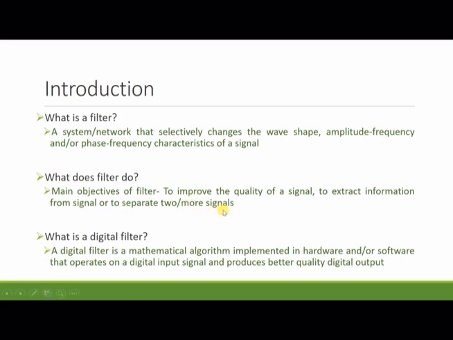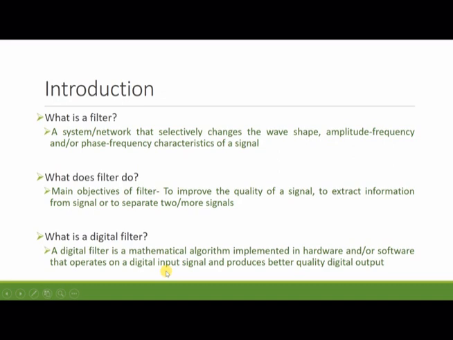The main objectives of a filter are to improve the quality of a signal, to extract information from a signal, or to separate two signals, wherein one part of the signal can be noise or there can be altogether two types of signals to be separated out.